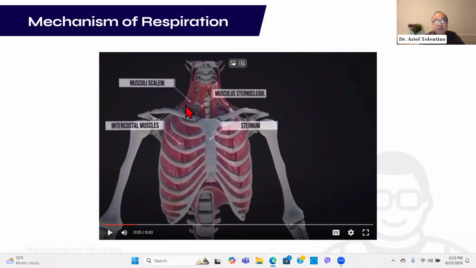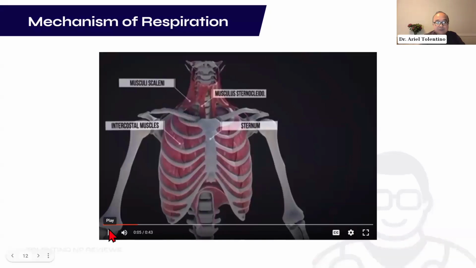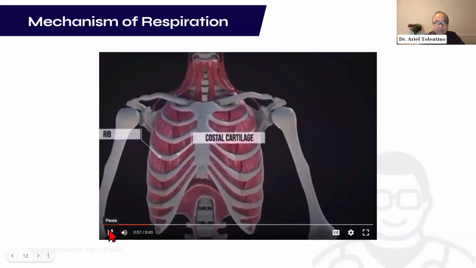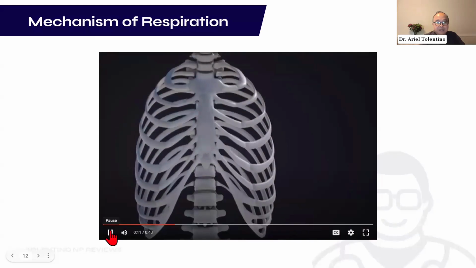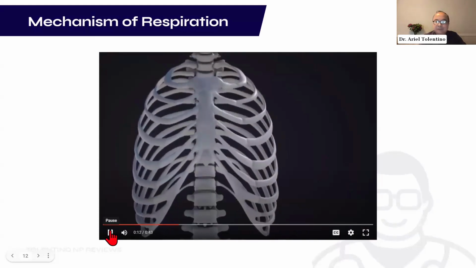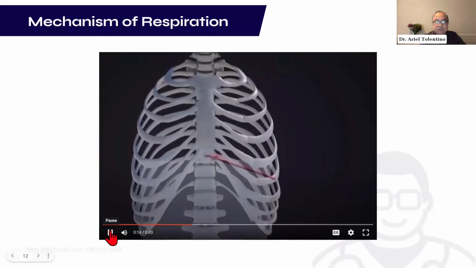And you also see your scalenus muscles on this area, which is actually very prominent in the supraclavicular aspect of the neck. Now, it's also important to see this dome-like muscular structure, which is the diaphragm, which helps in respiration. Now, we see also the movement of the rib cage.